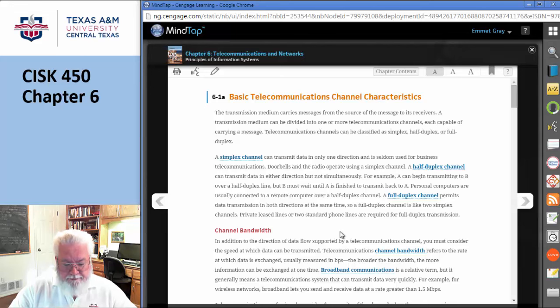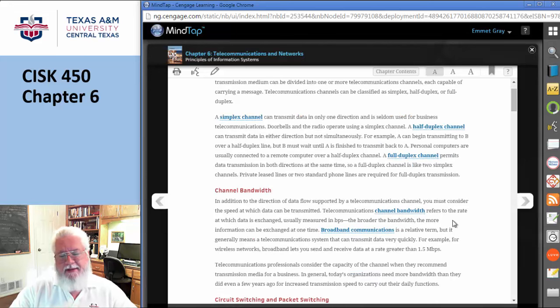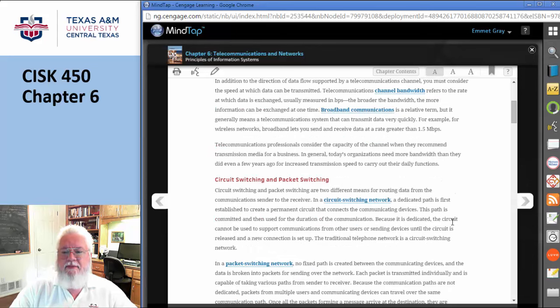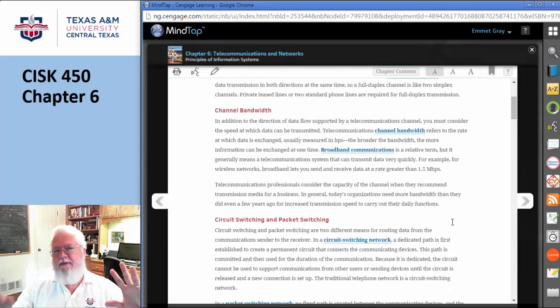Bandwidth. Bandwidth is really a bad term. In the radio days, bandwidth meant something very, very specific. It was talking about how much of the spectrum is being used. Was it really, really narrow kind of a transmission, or was it spread over more frequencies? And so broadband meant something in the radio days.